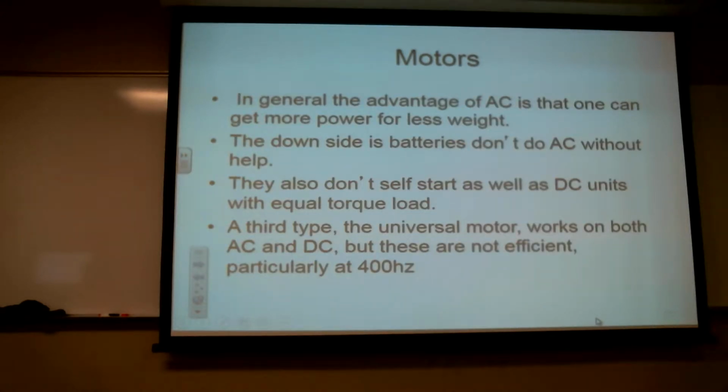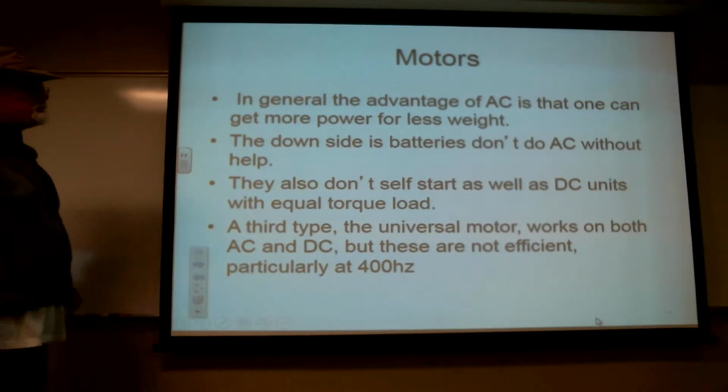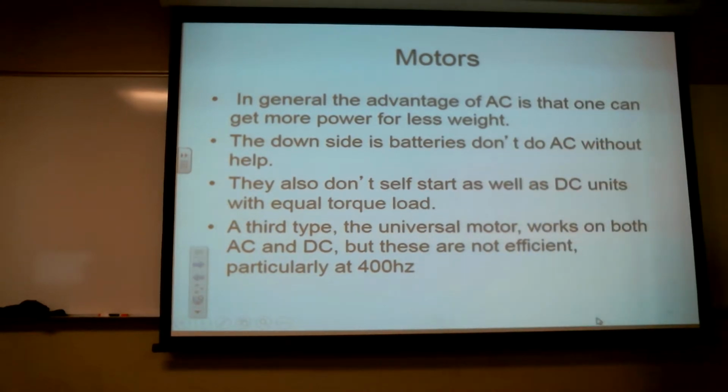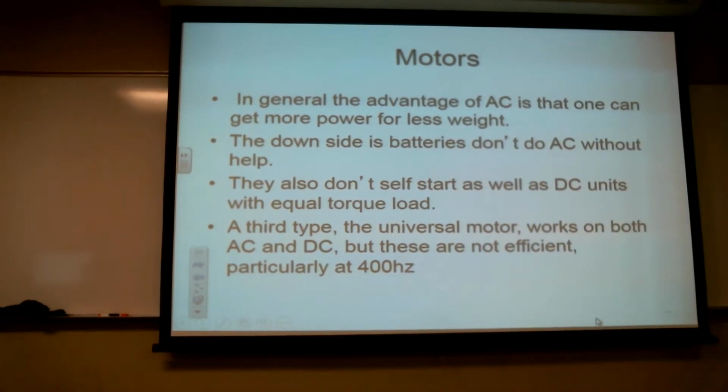Okay, so there's a variety of different kinds of things here. I'm going to talk a little bit about AC motors. The big advantage of an AC motor, in the grand scheme of things, is that I can get a lot more power for quite a bit less weight and increased efficiency.